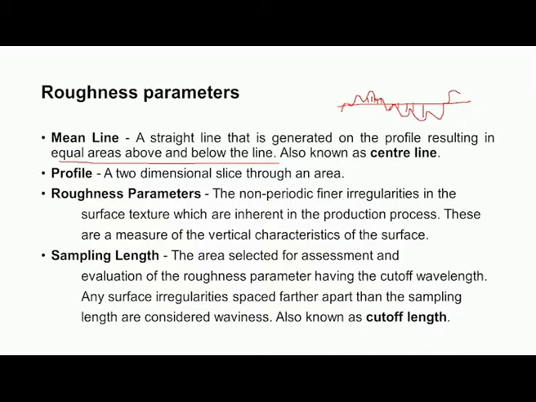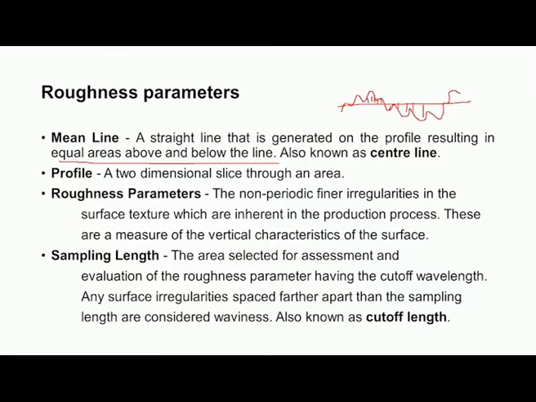We should draw the straight line maybe by trial and error method, so that the area between the straight line and the profile above the mean line and the area below the mean line are equal. Or we can always use some software to establish this straight line.